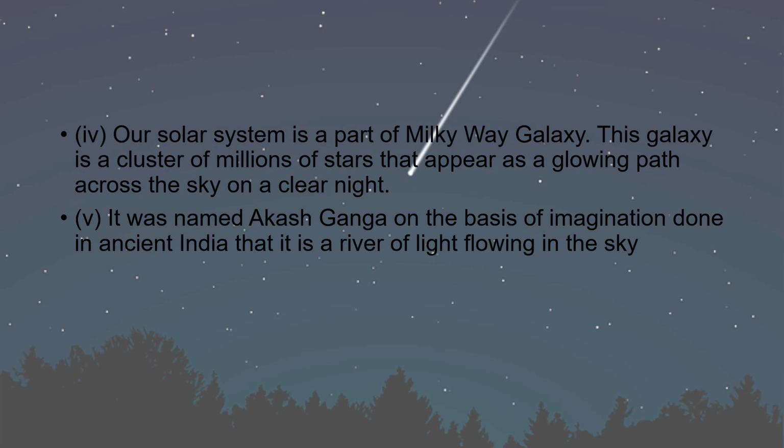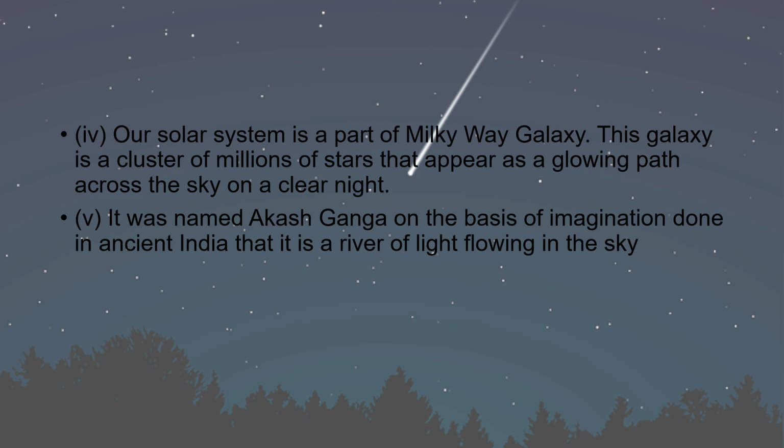Our solar system is a part of the Milky Way galaxy, as I told you, and this galaxy appears to be a cluster of millions of stars. Cluster means group. The clusters of millions of stars appear as a glowing part of the sky on a clear night. If we start counting the stars, we'll forget which star we started from. N number of stars.